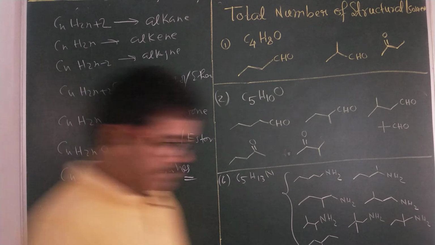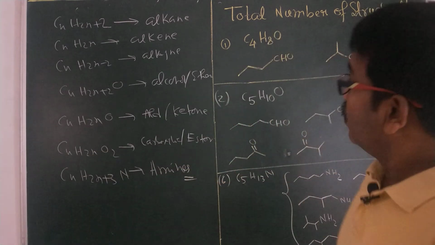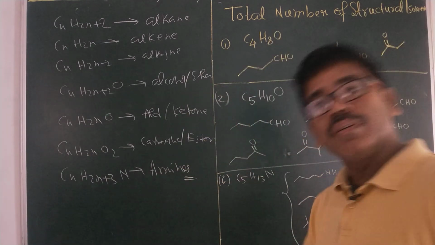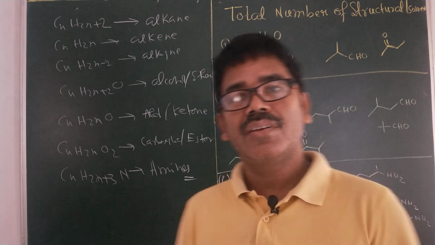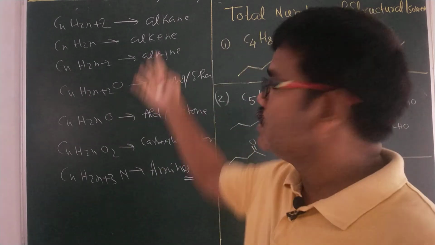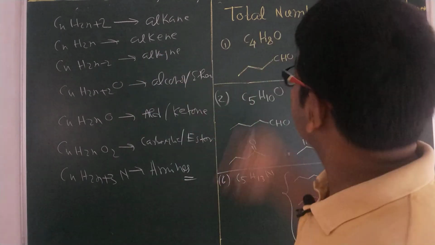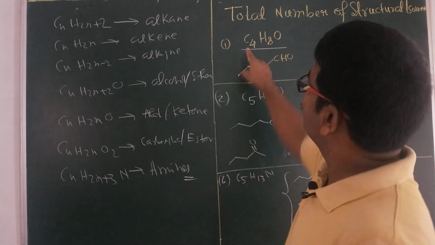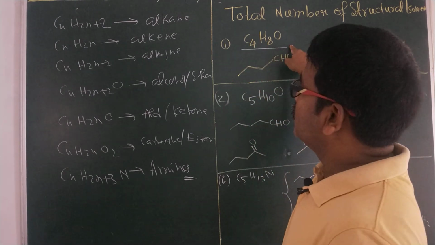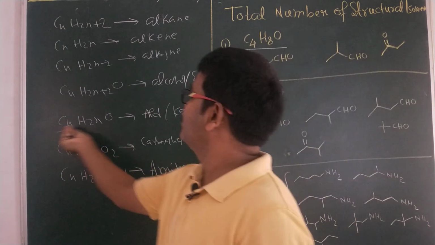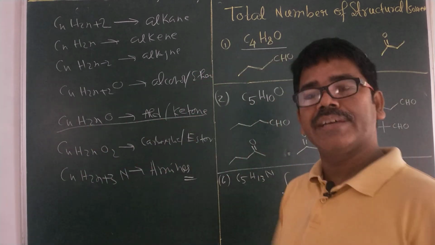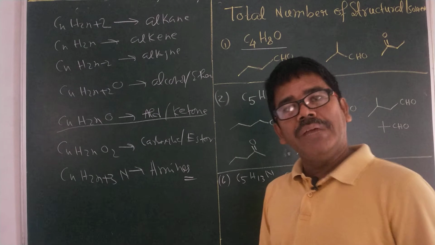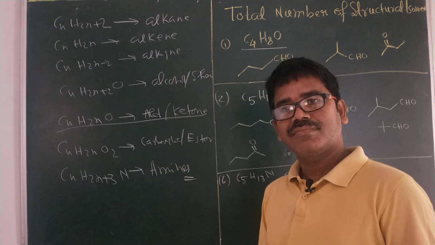First of all, we need to check what kind of compound it is. We can identify it with the general formula. The formula C4H8O belongs to this category, either aldehydes or ketones.